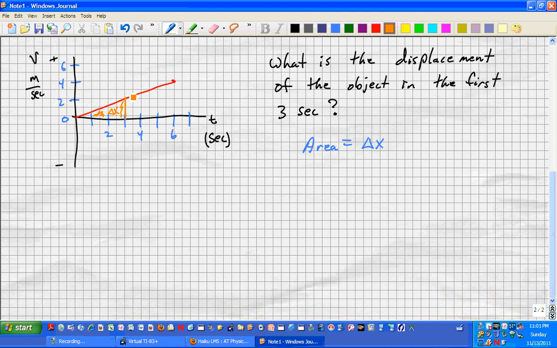So I'm looking at the area of a triangle this time. So that area of a triangle is going to be equal to 1/2 the base times the height. So again, I'm looking at a base of 3 seconds and a height of 2 meters per second.